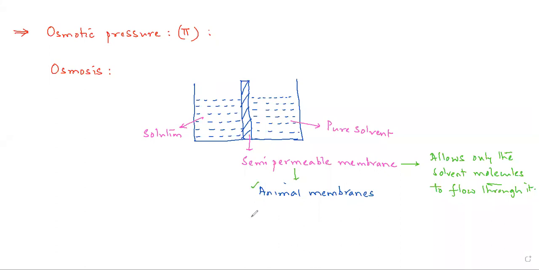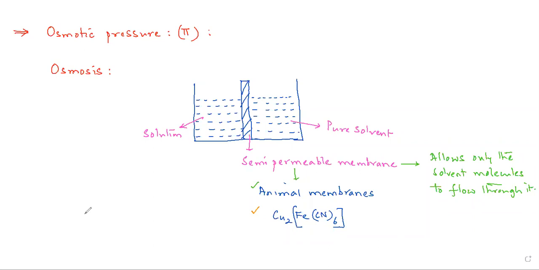But these are a little delicate. So a membrane made of copper ferrocyanide in the laboratory is generally used, which can actually withstand the pressures during the flow of solvent. Okay, this is man-made or artificial.